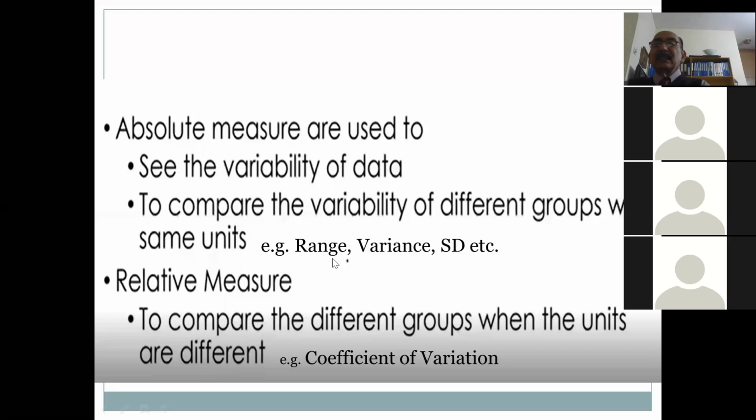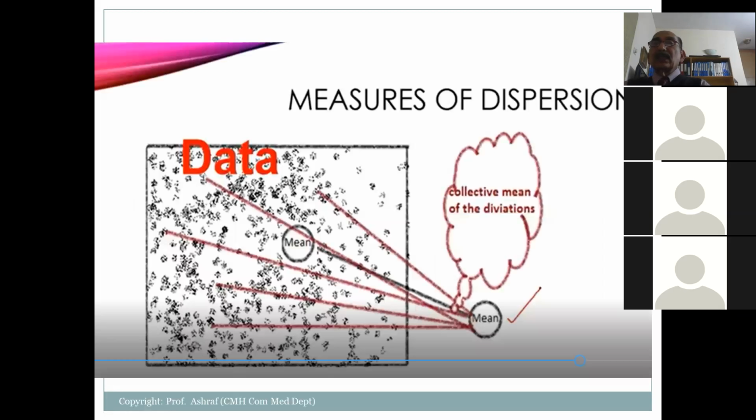For example, when one group's weight is measured in pounds and the other in kg, you want to see which group has the greater variation. This will give you the result in percentage, independent of the unit of measurement. In that case, you can use the coefficient of variation. So this is scattered data, and then you collect the mean of all the deviations.